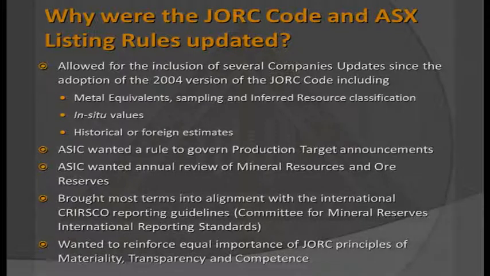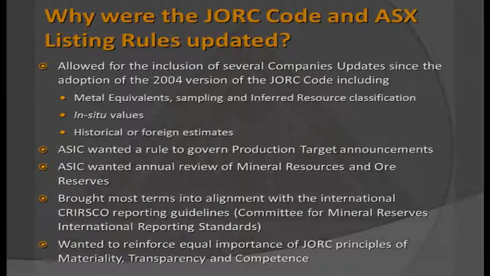The sort of things that were introduced in that interim period were guidance on metal equivalents, on sampling, on inferred resource classification, in situ values, historical or foreign estimate guidance.